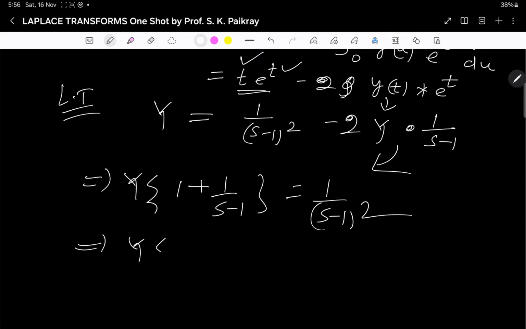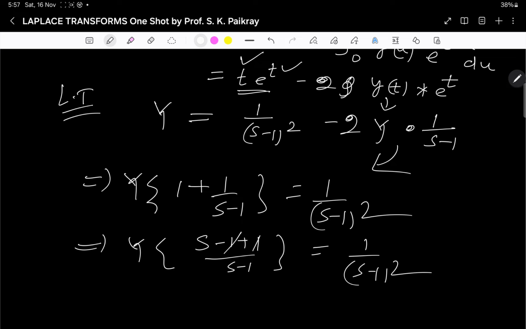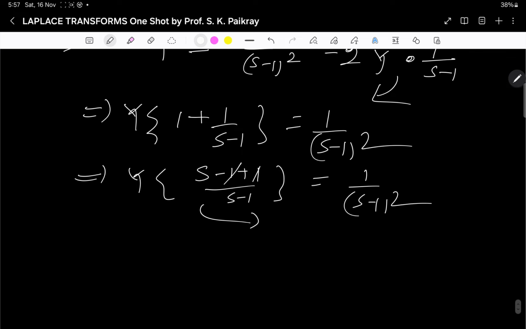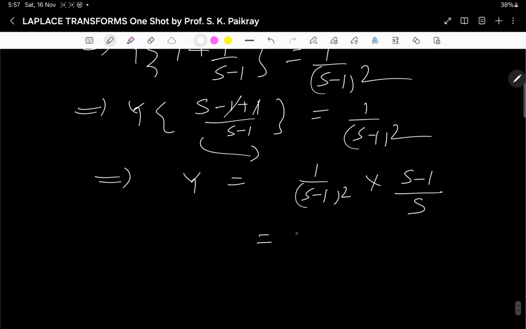So Y into (s minus 1 plus 1) by (s minus 1) is 1 by (s minus 1) square. Now solving it, Y is equal to 1 by (s minus 1) square into (s minus 1) by s. So this is equal to 1 by s into (s minus 1).